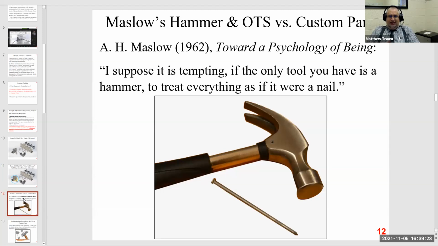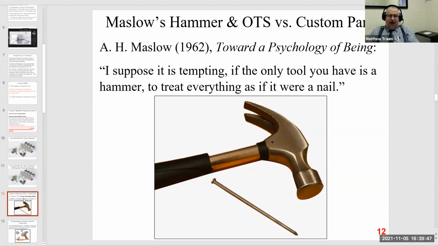this idea has been attributed to a number of different people over time. Mark Twain, Samuel Clemens, is actually supposed to have said, if I have a hammer, every problem starts to look like a nail. But if you dig really deep into the historic quote literature, it turns out that Clemens did not actually say that.